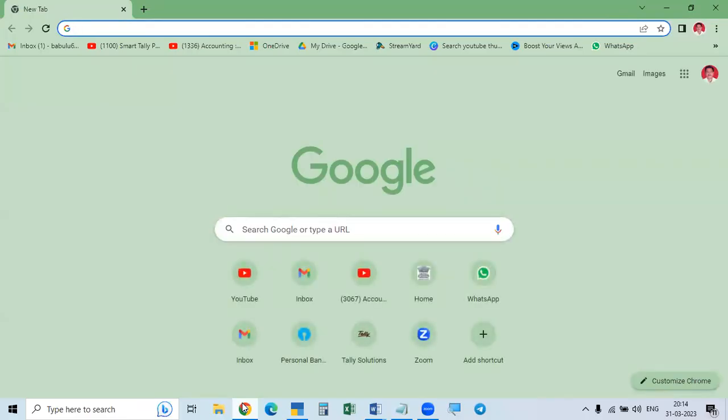For all the GST work which we have to do, the government developed a website called the GST portal, for the GST network. They developed it for all the work from registration to filing of returns, payment, everything.